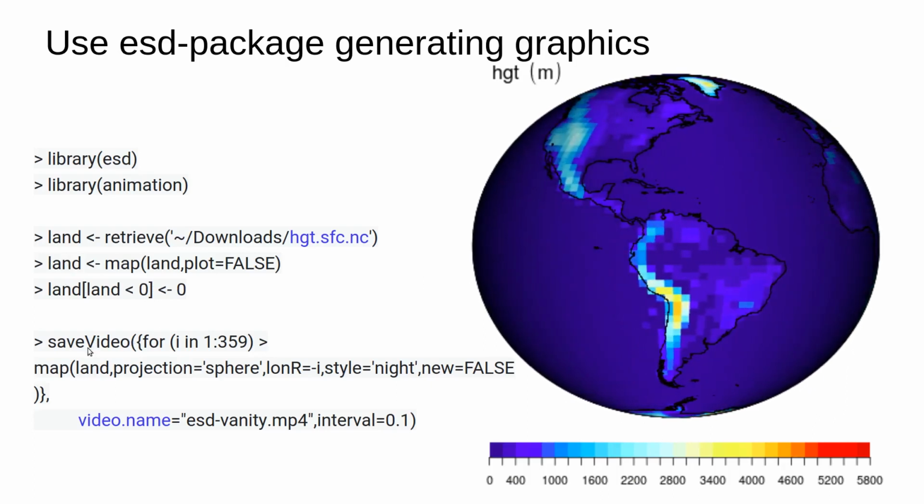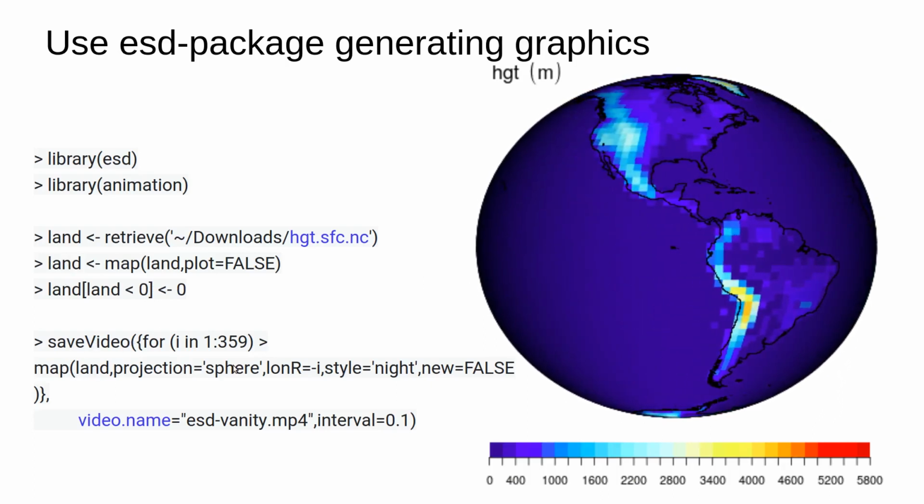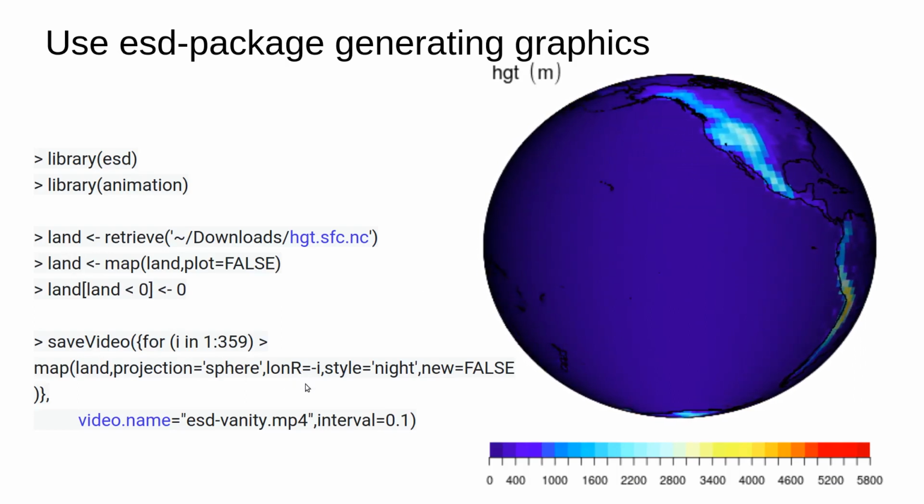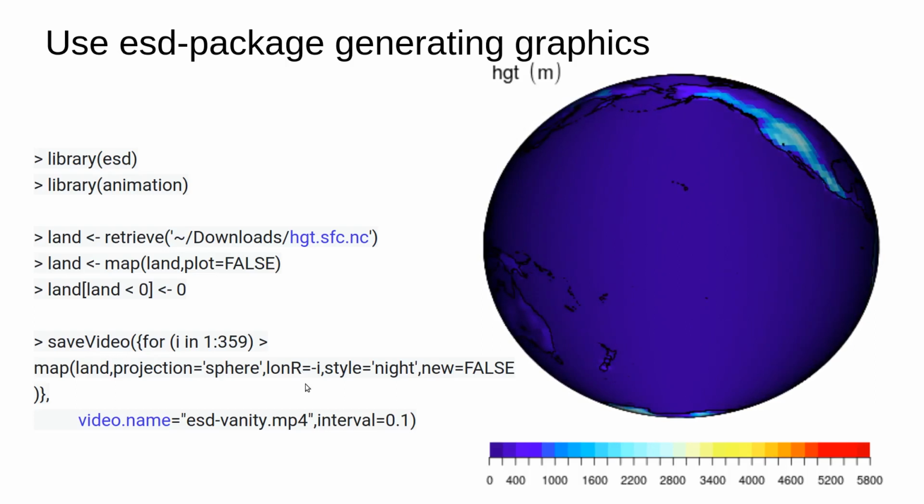And then we just run this video where we map this on a sphere, and we vary the longitude for the view here.